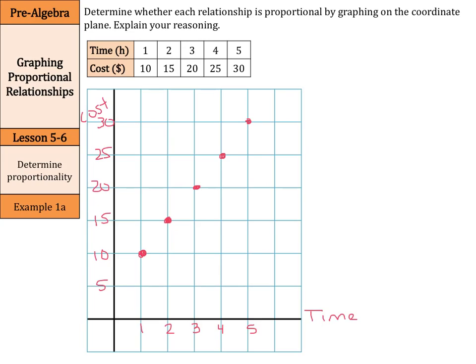Now let's go ahead and draw this line. As we work our way back down, we have a straight line, but does it go through the origin? It does not. It does not go through 0, 0.